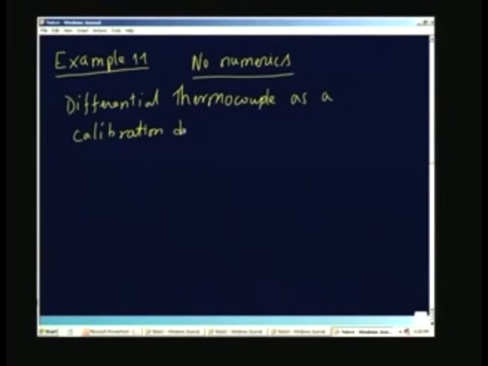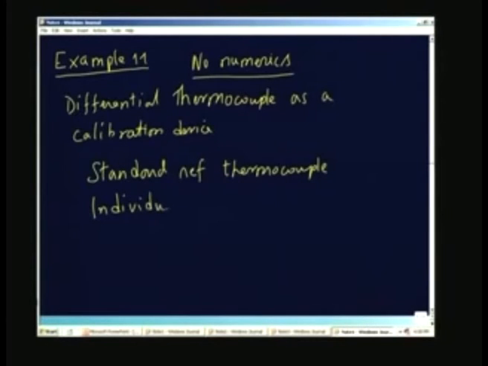Suppose I have a standard calibrated reference thermocouple which has been obtained from a commercially available source, and I have what I will call an individual thermocouple, which is supposed to guarantee some performance index.